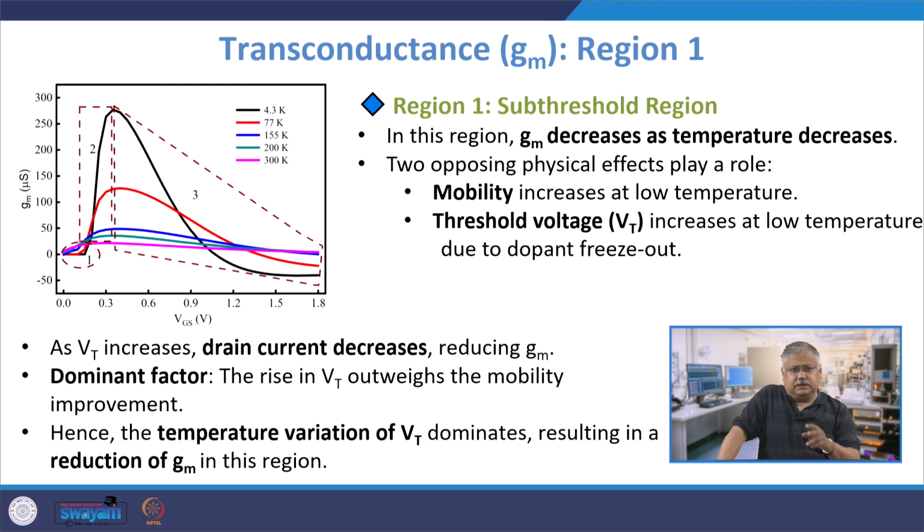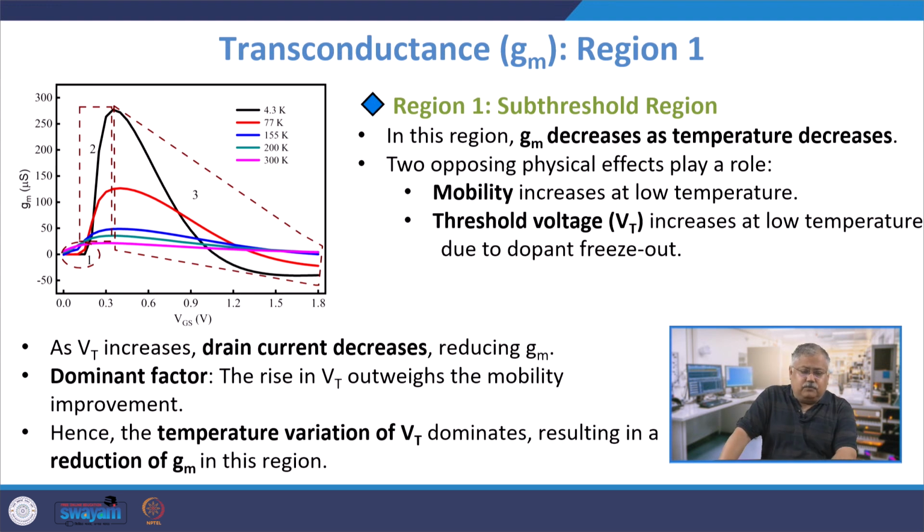Now, 2 things happen: the mobility improves and the threshold voltage goes up. These 2 are opposing phenomena when we discuss transconductance or current. What happens is the rise in the threshold voltage actually outweighs the mobility improvement, so the temperature variation of threshold voltage dominates, resulting in a reduction in transconductance in this region.